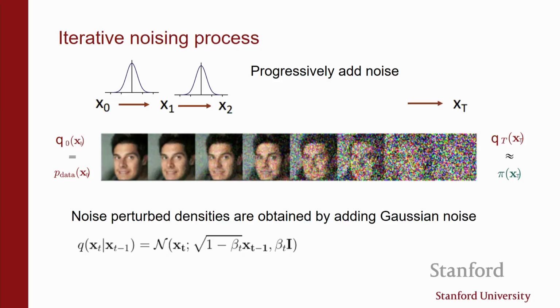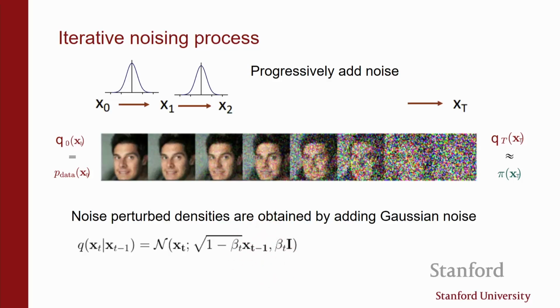So at every step, if you have a sample from xt and you want to generate a sample from xt plus 1, you take xt and you add noise to it, just Gaussian noise. So that defines a set of conditional densities, q of xt given xt minus 1, which are just Gaussians, where these Gaussians have a given mean and a given variance, and the mean is just the current sample, xt minus 1, rescaled.